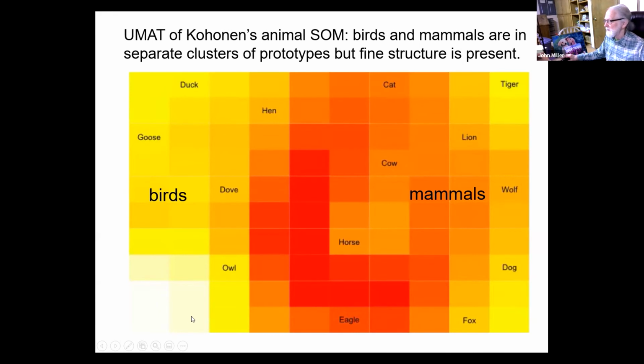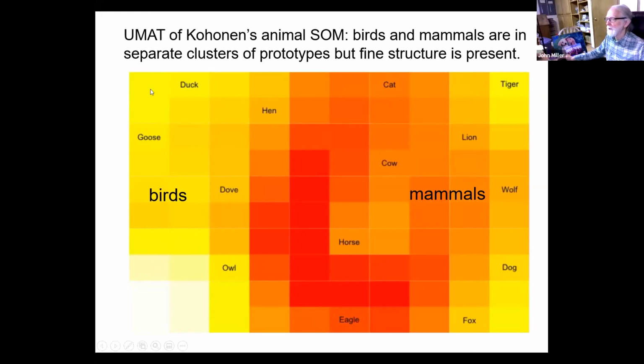The weird thing about this is that in this way of looking at it, the eagle over here is not, even though we think of it as a predatory bird, from the attributes of eagles, owls, and hawks that we've been dealing with, the eagle is really not so very similar to an owl or hawk. I won't try to weigh in on whether that's right or not, but nevertheless, for the attributes we were showing, we have this very high similarity between hawks and owls, and not so similar to eagles.